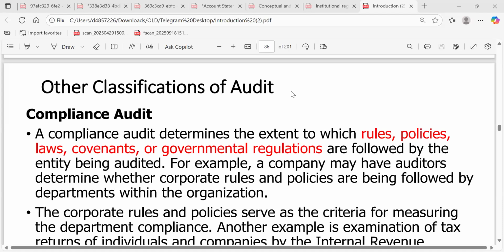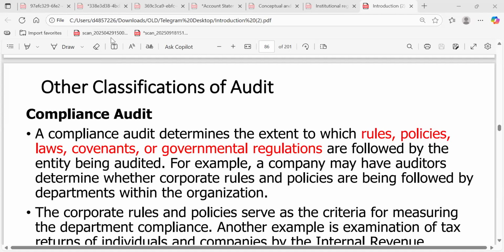So a compliance audit is an audit that is carried out to determine how the entity has complied with its own rules, policies, and procedures. Or sometimes a compliance audit can be carried out by a government institution to see whether the institutions that it supervises have been compliant with its procedures and processes.